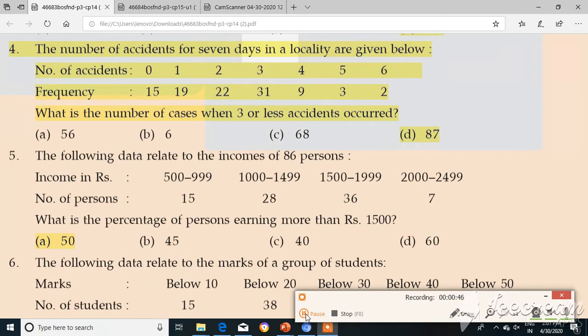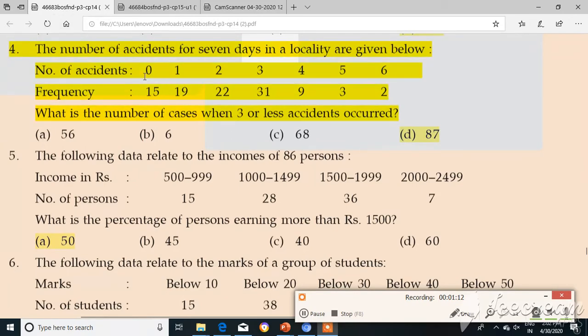So in this problem they have given us number of accidents and frequencies. For number of accidents 0, total 15 are there. Number of accidents equal to 1, total 19 are there. For 2 it is 22, for 3 it is 31, for 4 it is 9, for 5 it is 3, and for 6 it is 2.